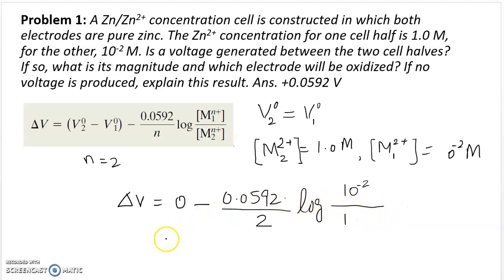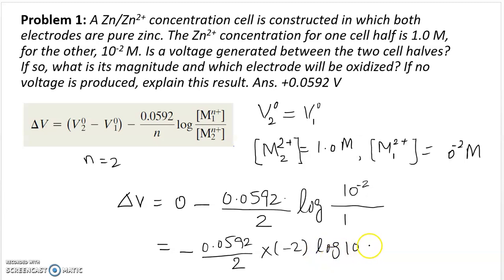If you simplify it, this minus 2 will go outside of the log, so it will be minus 0.0592 divided by 2 times minus 2, and then the log of 10. Log base 10 of 10 is equal to 1.